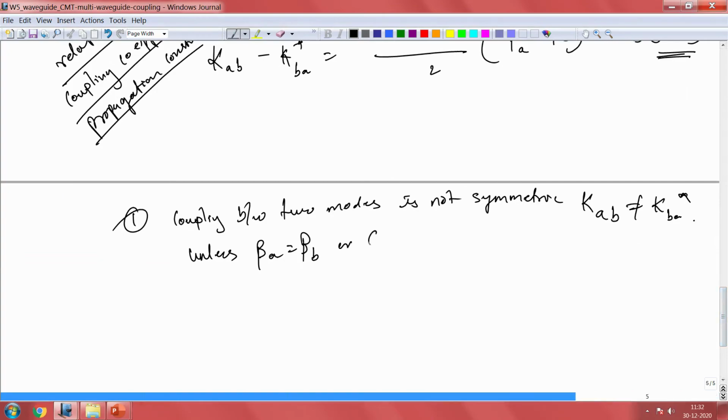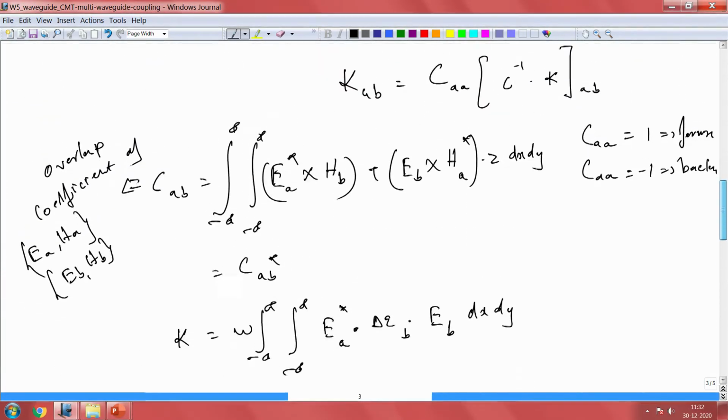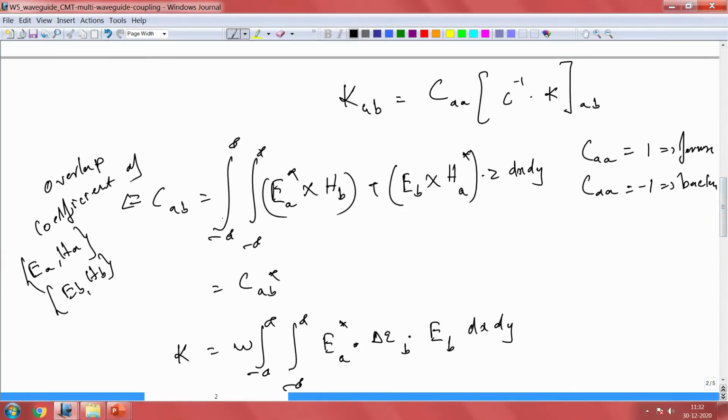Or in other words, your CAB or CBA star should be equal to 0. So, this is because the normal modes in different individual waveguides are not orthogonal anymore. So, that CAB and CBA, right. Again, if you want CAB to be 0, you want EA, HA, EB, HB to be orthogonal between the two systems.